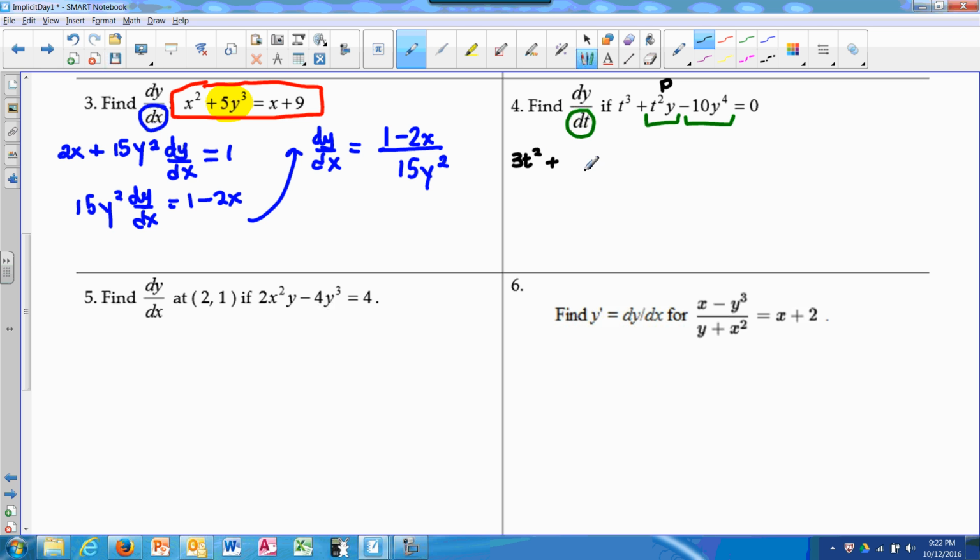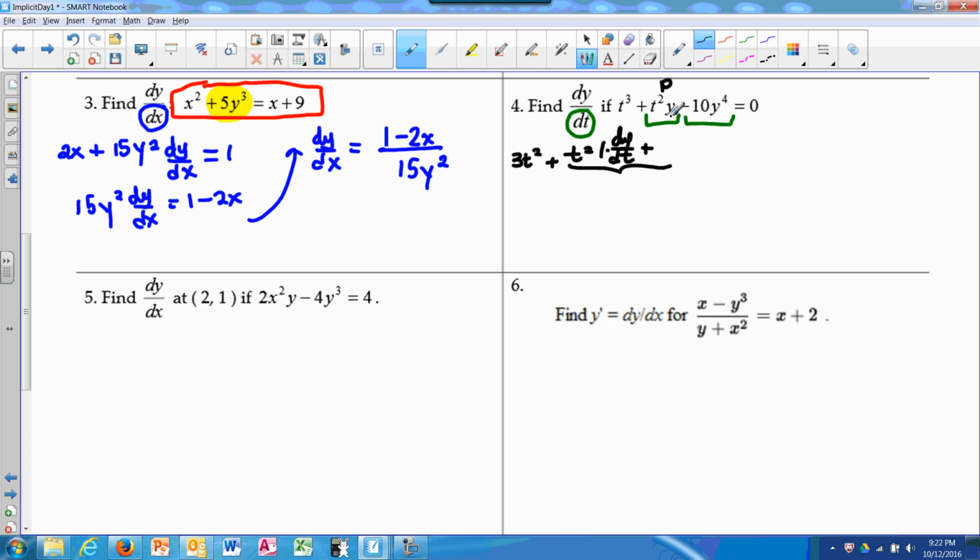Plus, I have a product. My product is the first term times the derivative of the second term. The derivative of y is normally 1, but we have to add on the dy dt because, again, it doesn't match.